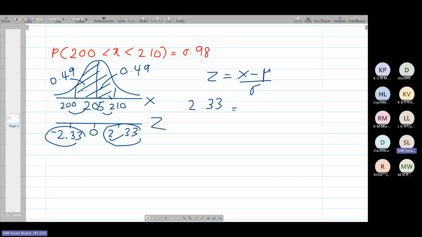Then here, what is the X value? 210. Okay, then minus mu, which is 205, divided by standard deviation. The standard deviation we do not know. Okay, then we simplify it and find the answer.